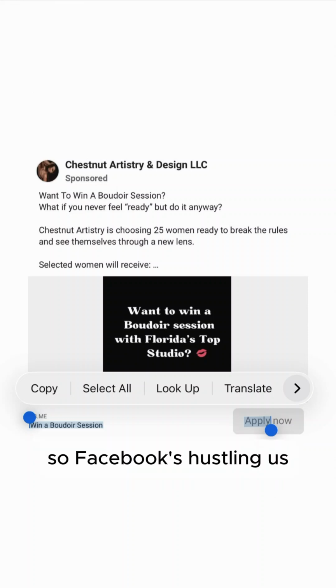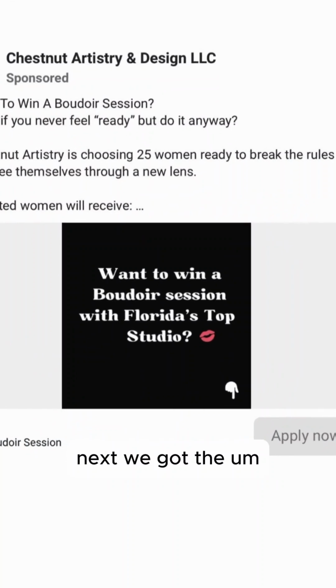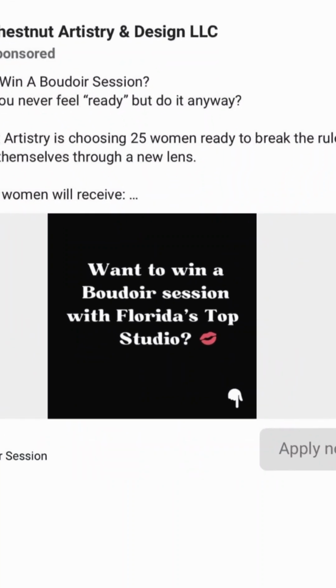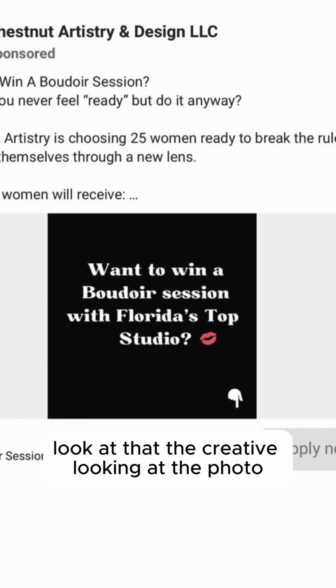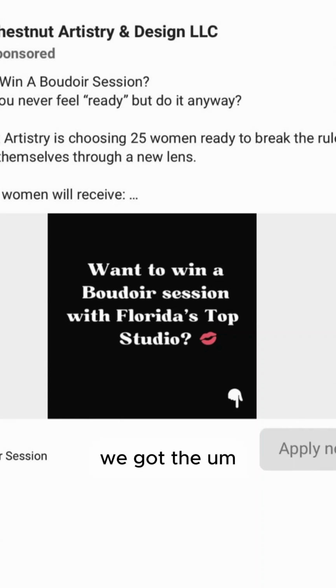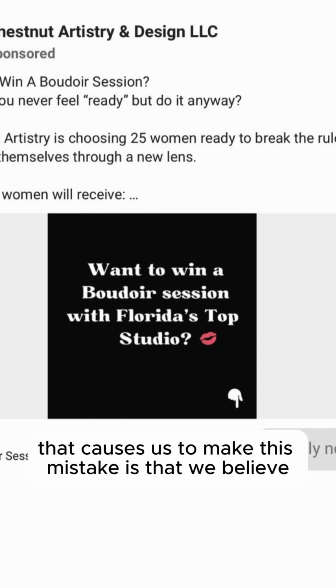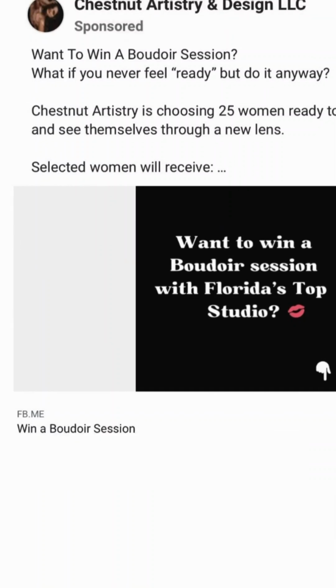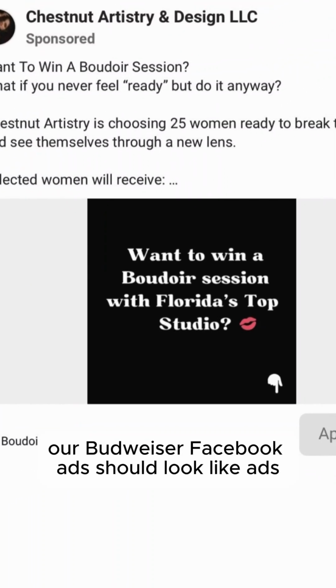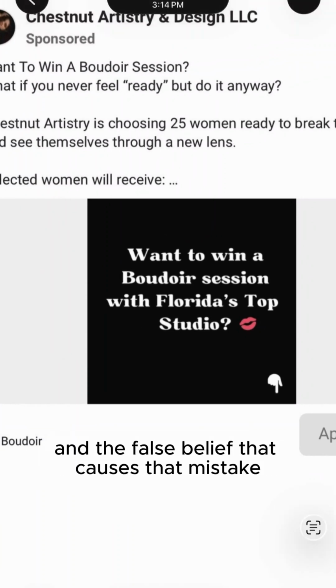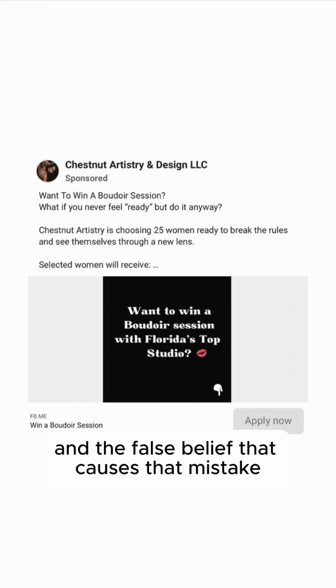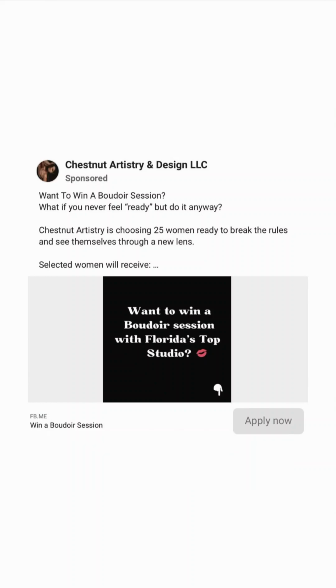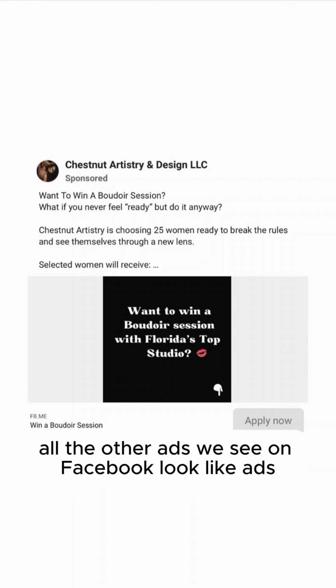So Facebook's hustling us. Next, we got the look at the creative, looking at the photo. We got the looks like an ad mistake. So the false belief that causes us to make this mistake is that we believe our Boudoir Facebook ads should look like ads. And the false belief that causes that mistake is because basically all the other ads we see on Facebook look like ads.